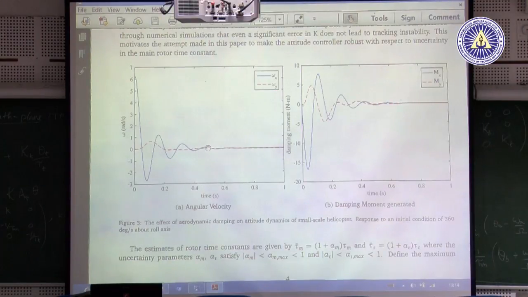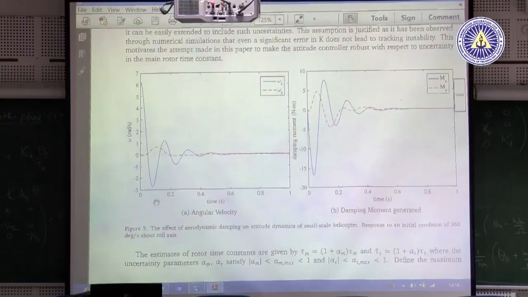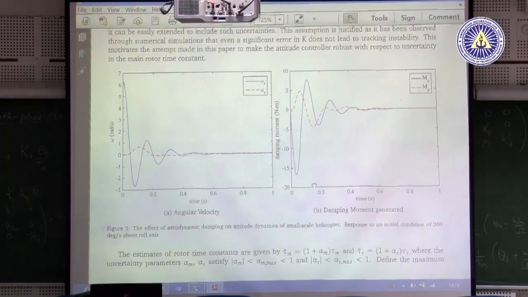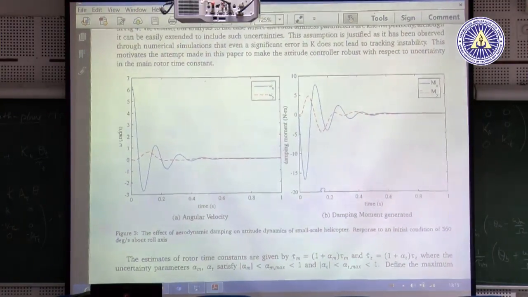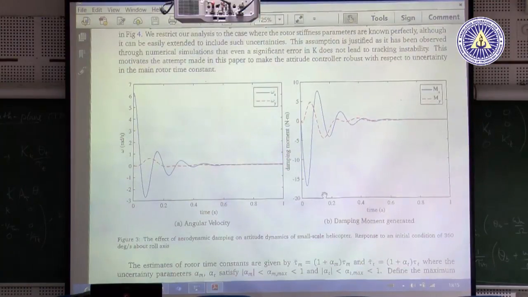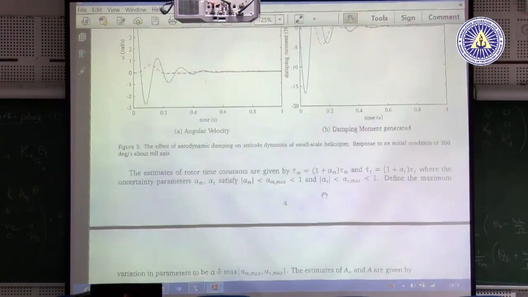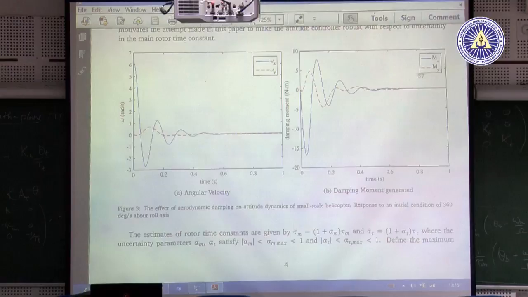That's the kind of damping in the system because of the presence of omega x and omega y in the moment equation. And the damping moment generated is about 17 Newton meter, and that's very significant for a small size helicopter. So that is what I wanted to show you.